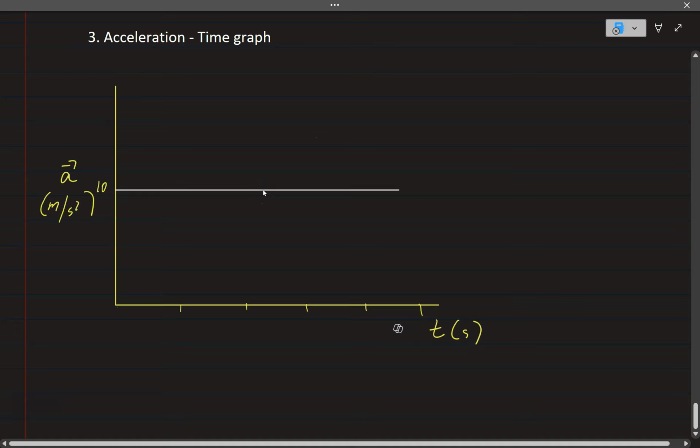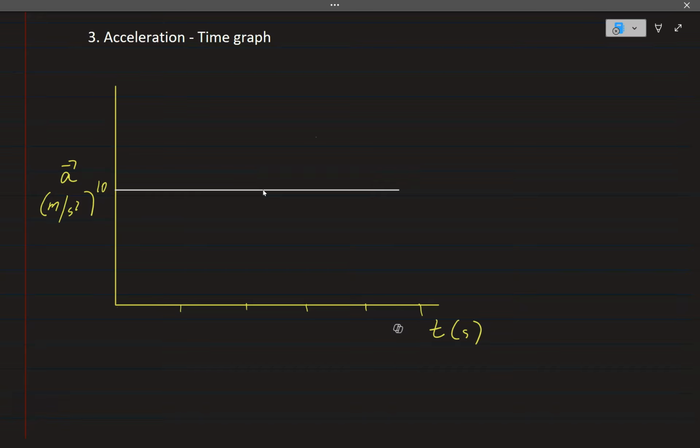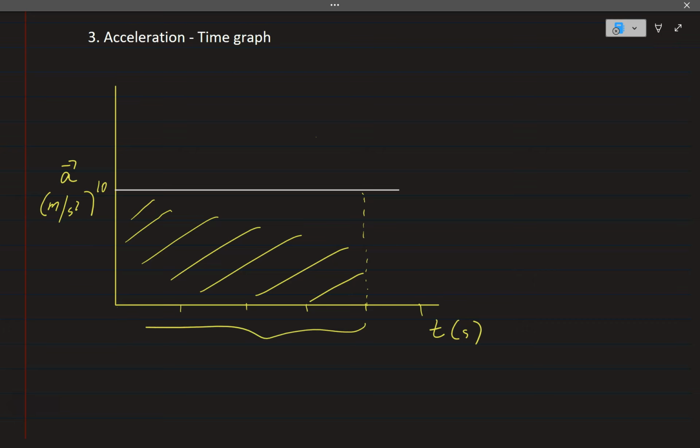The one thing you may want to remember is that the area under the line within the time interval, whatever time interval you choose, let's suppose we choose this area right there. Well, the area under this line is a times t. So this is t, whatever the time interval is, and this is your a, which is acceleration. And remember, acceleration is delta v divided by delta t.